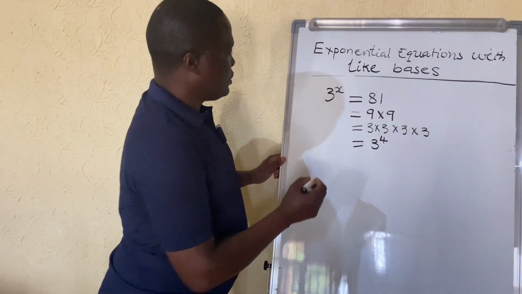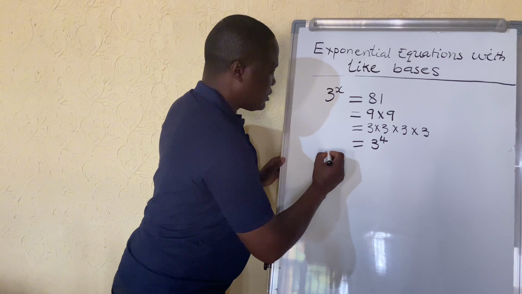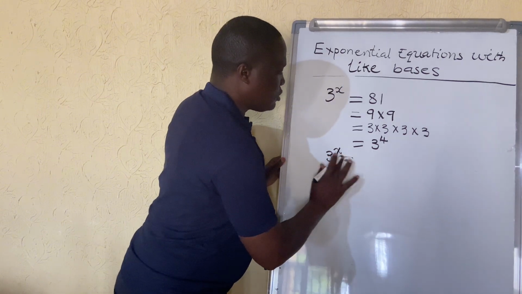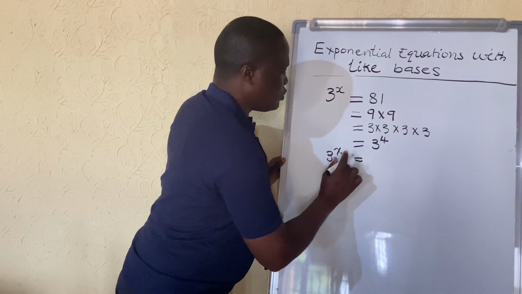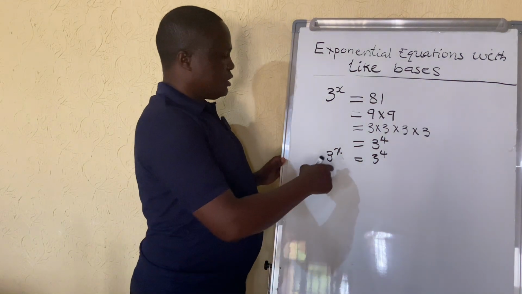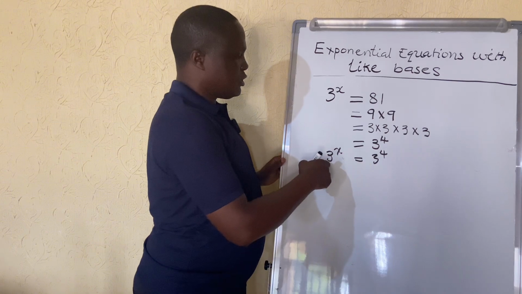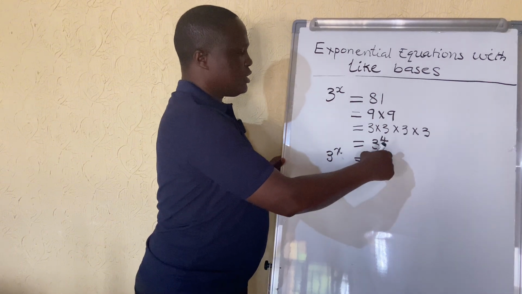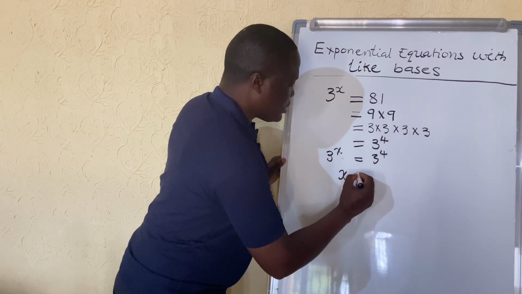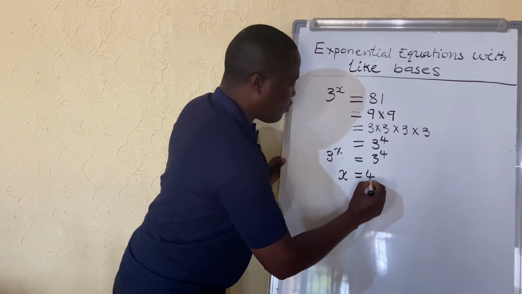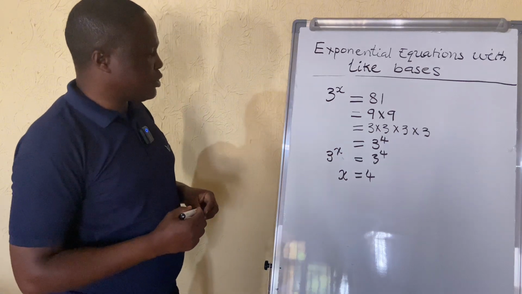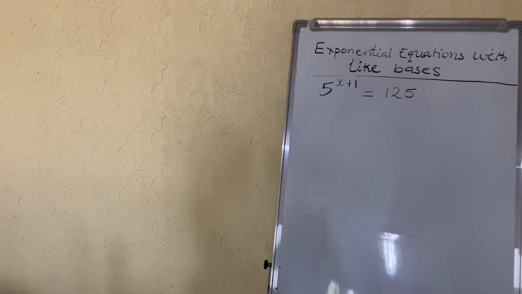Okay, so we can write this as 3 raised to the power x is equal to 3 raised to the power 4. Since the bases are the same, 3 and 3, we equate the indices, and so we write x is equal to 4 as the solution to this simple exponential problem.